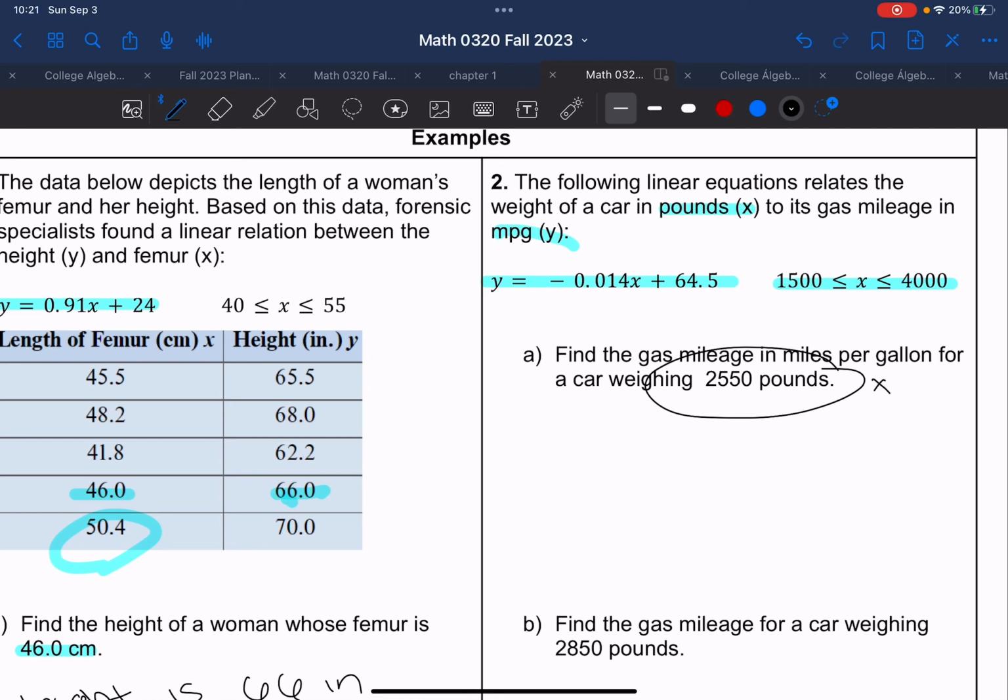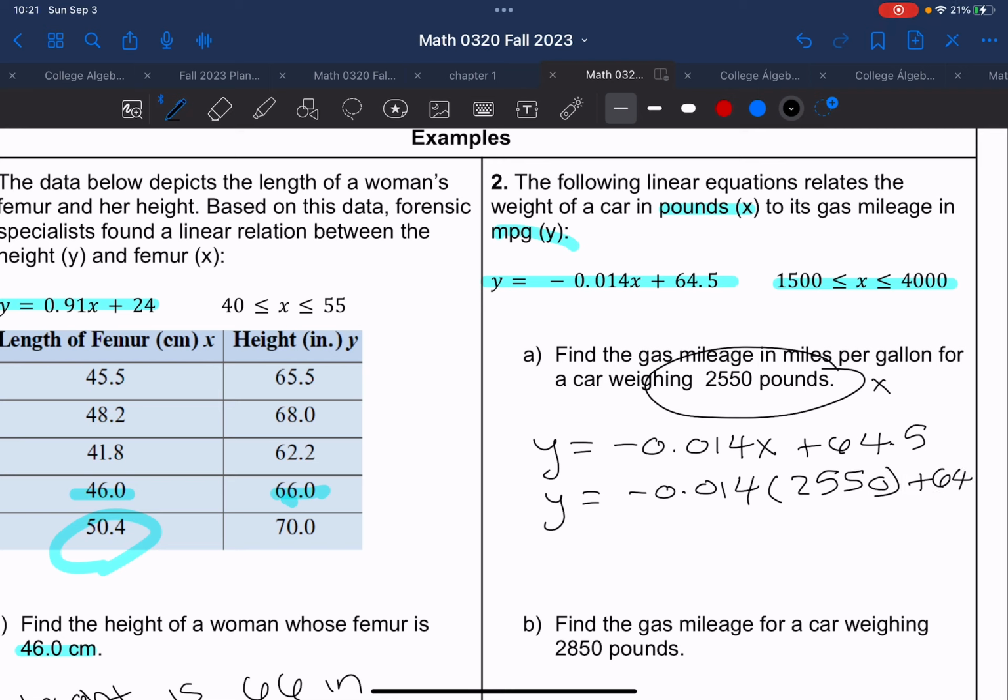So we're going to plug that in. y is equal to negative 0.014x plus 64.5. Instead of x, we're placing that 2,550. Plugging that all into our calculator, we get y is equal to 28.8 miles per gallon.